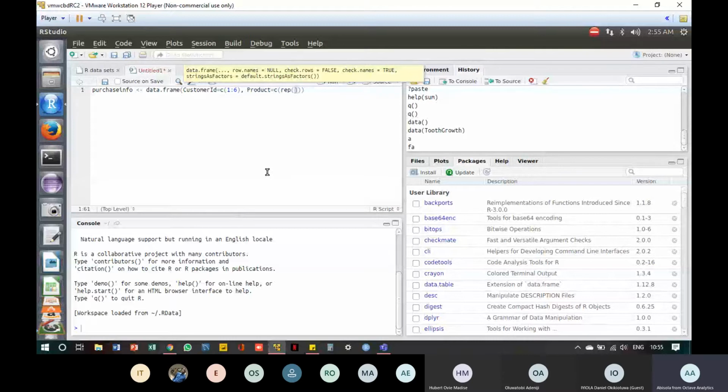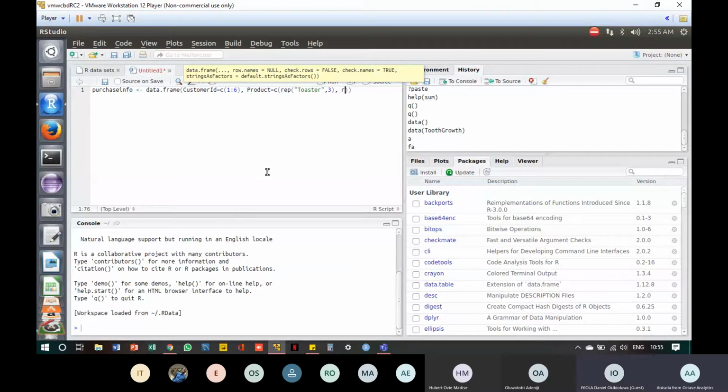toaster. I want someone to tell me what's the rep command used for?